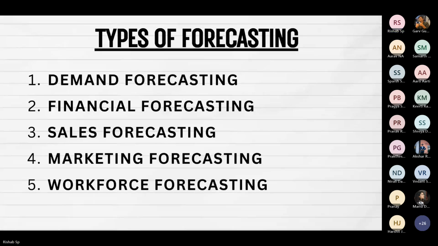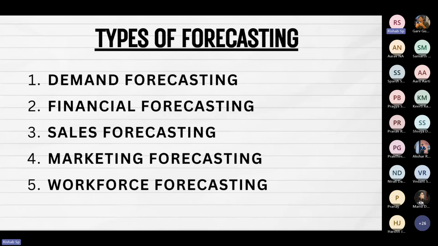Let's assume our example: our statistics exam is coming up this week. So using our past statistics marks, or marks from term 1, we can predict the marks of term 2. We can call this marks forecasting or grades forecasting.